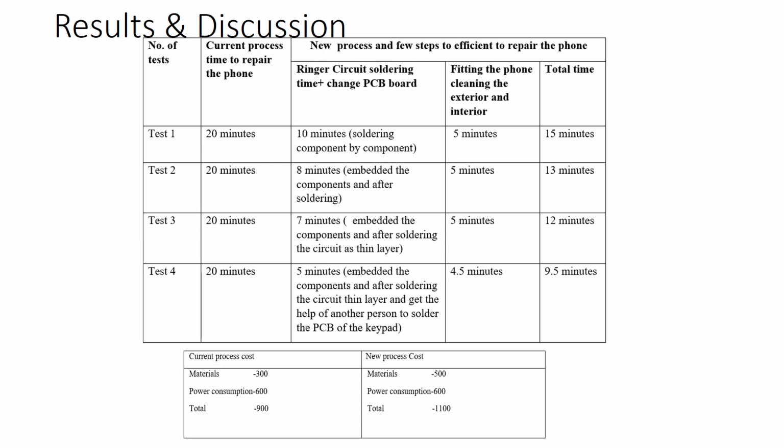Finally, we can identify test 4, which only spent 9.5 minutes in total. The reason is embedding the components, soldering the circuit thin layer and getting the help of another person. That is the main reason.